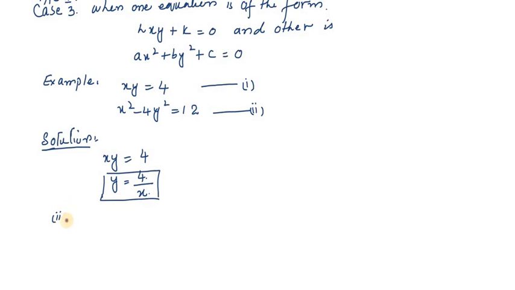Equation number 2 implies x square minus 4y square is equal to 12. Then we put the value of y in this equation, which is 4 upon x whole square, is equal to 12.